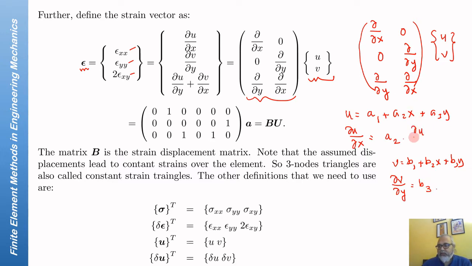Del u del y, on the other hand, is a3, and del v del x is b2. That means you can now write this in terms of the coefficients.